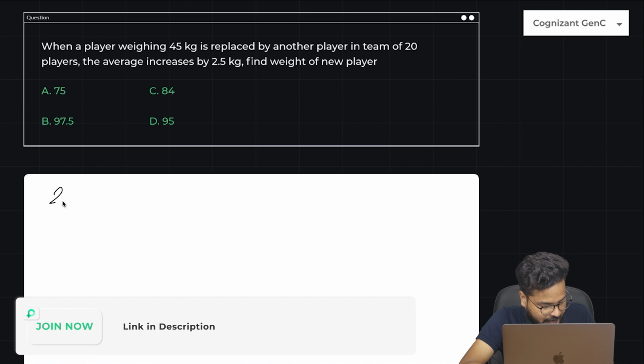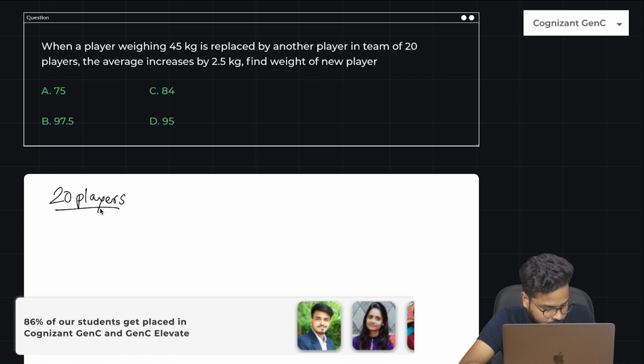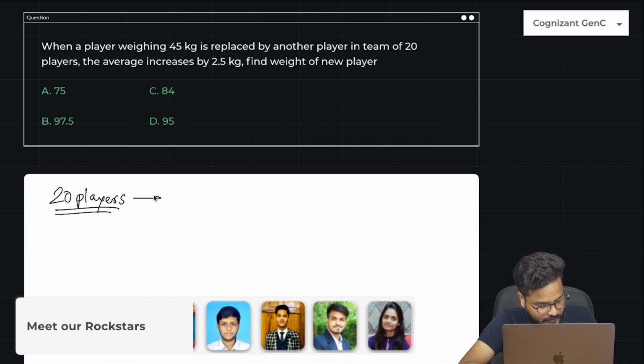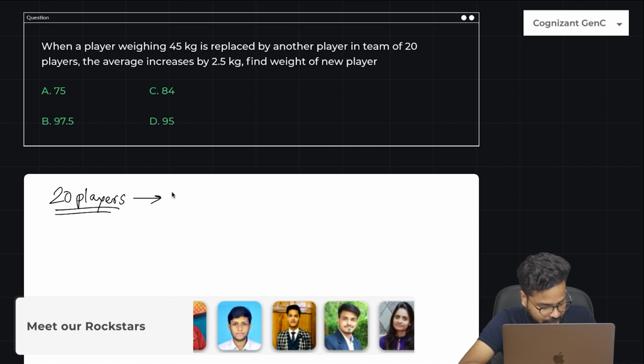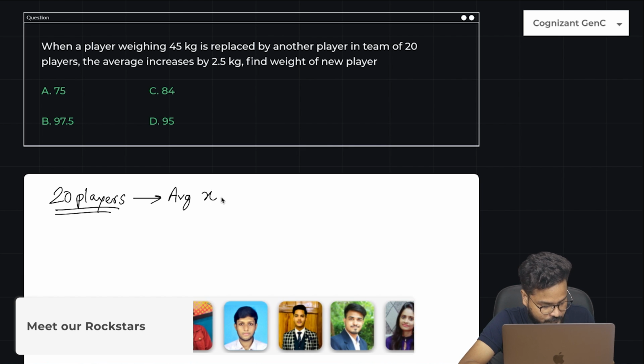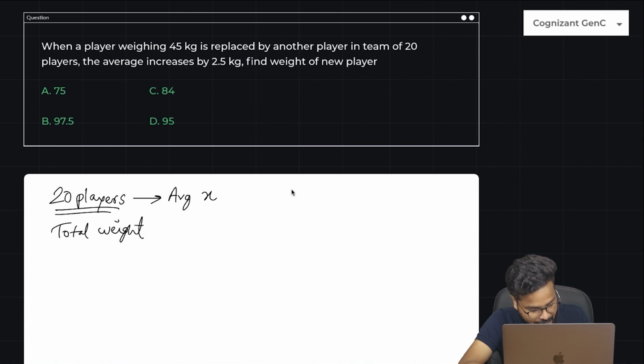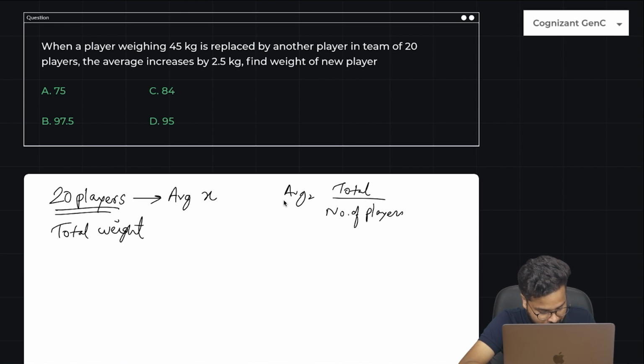So there's a team of 20 players, right? How generally people would solve this particular question is, guys, 20 players, right? Let's say they'll assume the average to be x. So what is the total weight? We know that average is nothing but total upon number of players. So the total would be average into number of players, that is 20x.